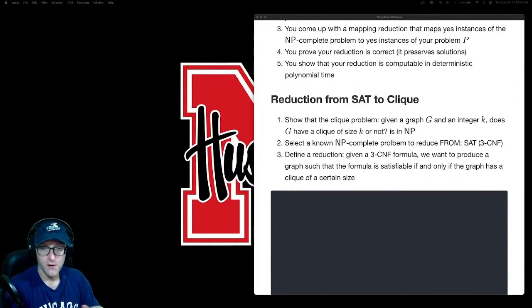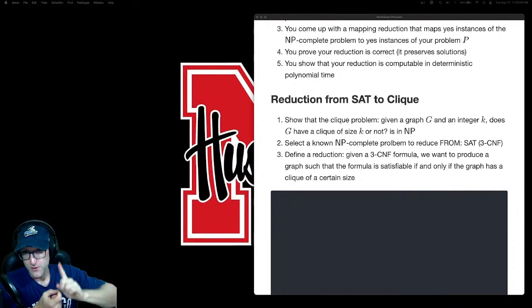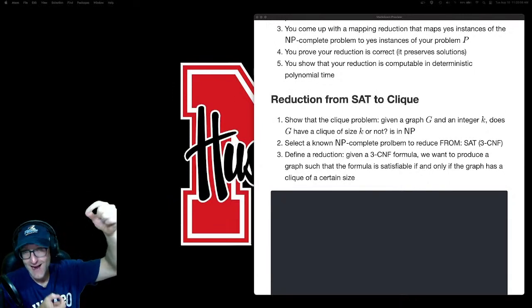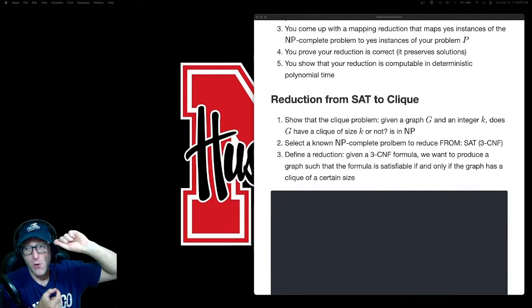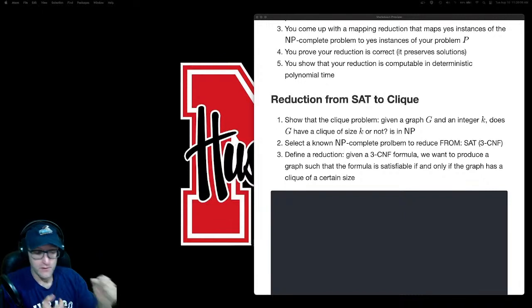Why, again, this is a reduction. We're taking SAT and we're reducing it to CLIQUE. Reductions go up visually. It's harder, right? Or at least as hard is what you really want to call it. So that if you had a solution for CLIQUE, then you would have a solution for SAT, right?